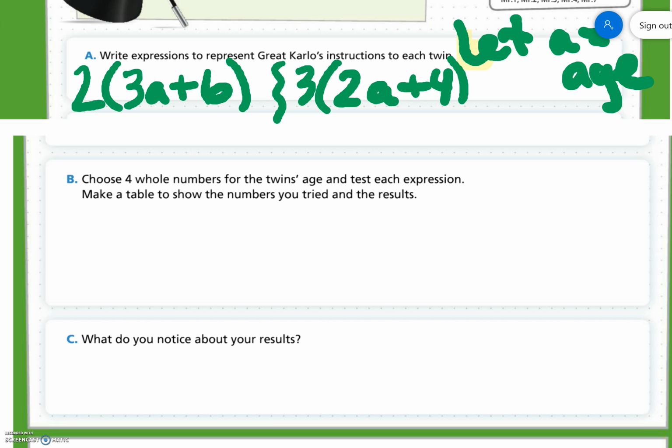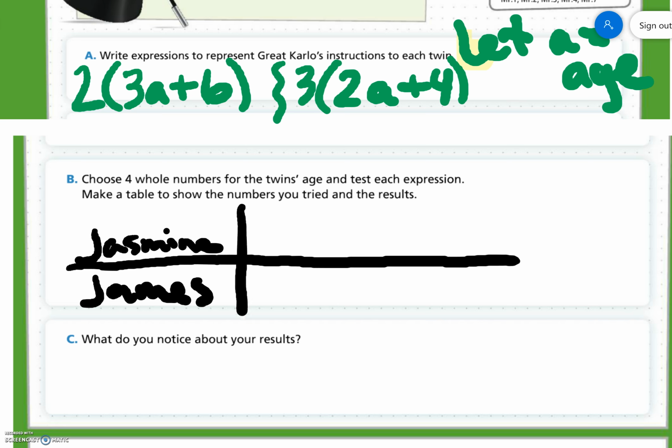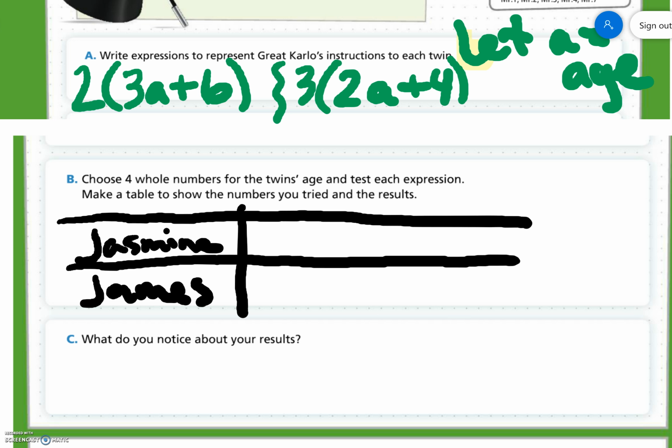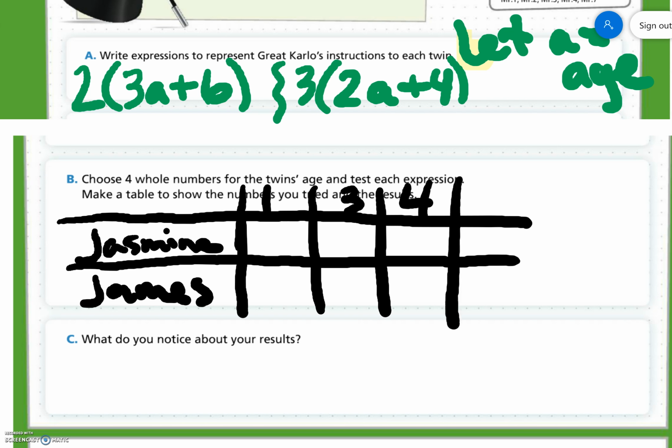So we've got Jasmine and James. So we have their two expressions. And we're going to try their ages at, let's see, if they were 1 year old. Let's try their age if they were 3, 4, and 5.